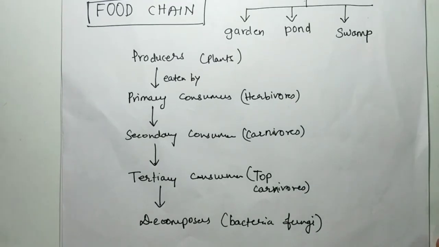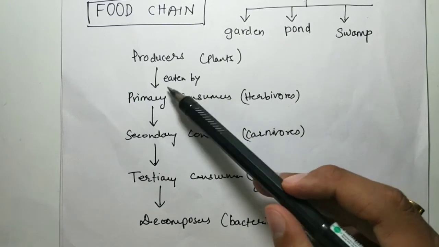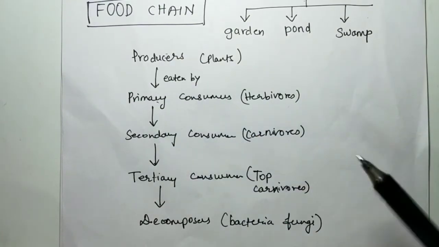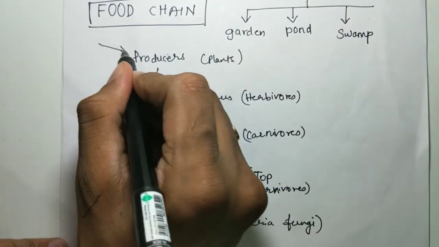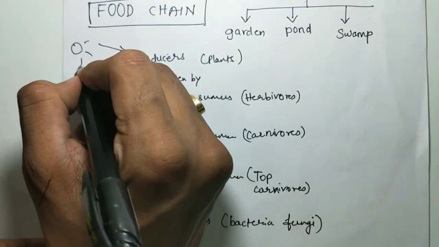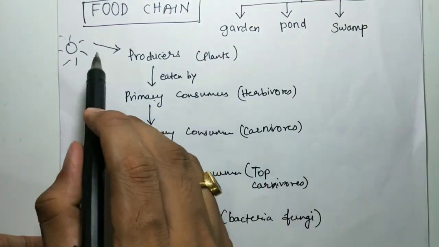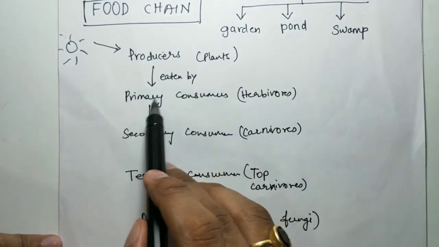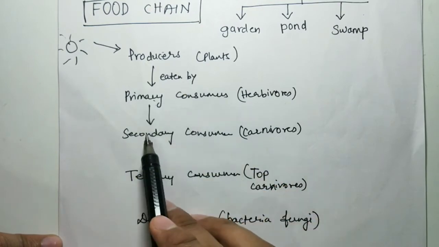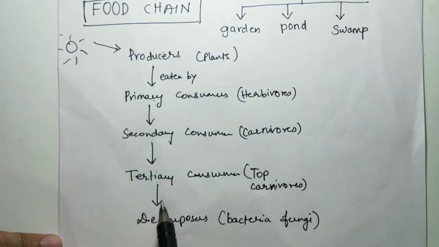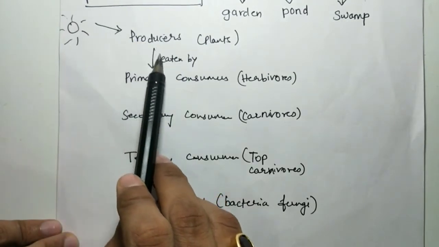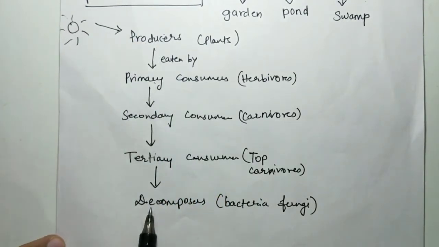And remember, when one is eaten by another, the energy is passed on, like the plants get their energy from the sun. This energy is transferred to plants. When the plants are eaten by primary consumers, they take the energy, then the secondary consumer takes energy from the primary consumer, the tertiary takes energy from the secondary consumer, and this is how energy flow takes place.